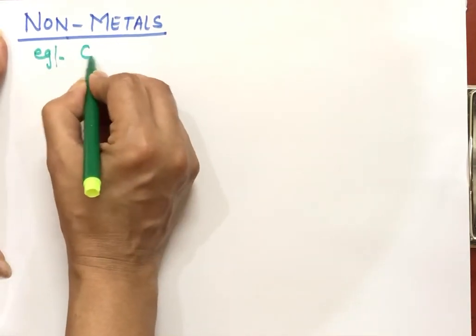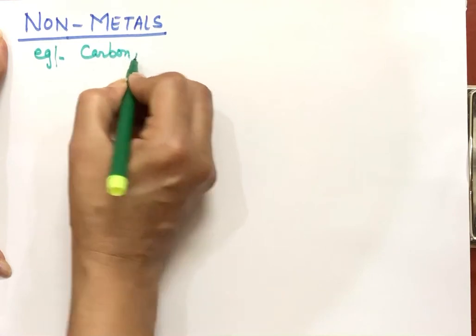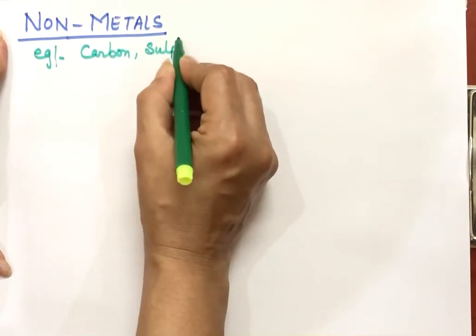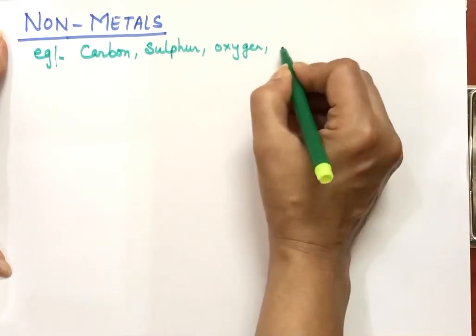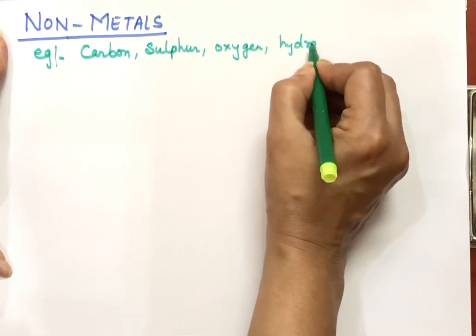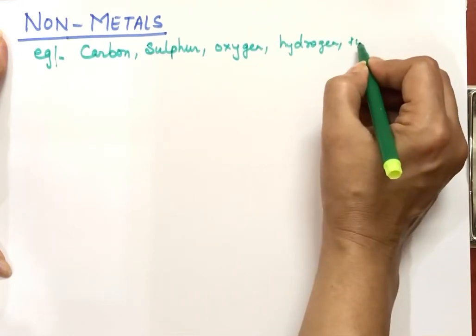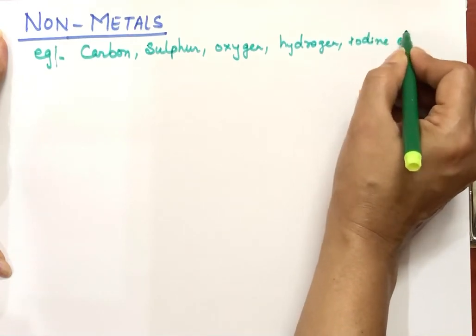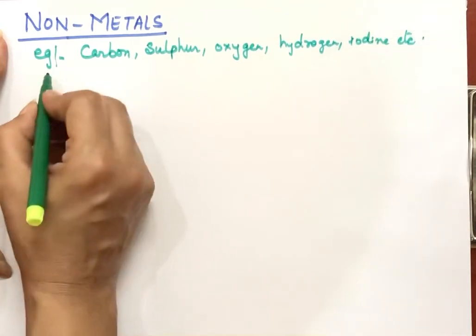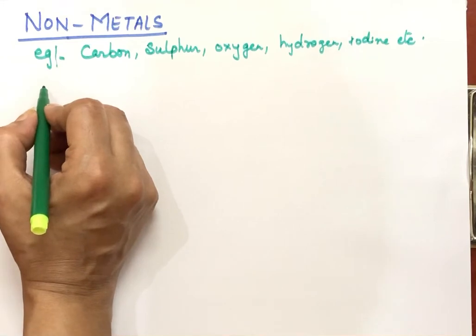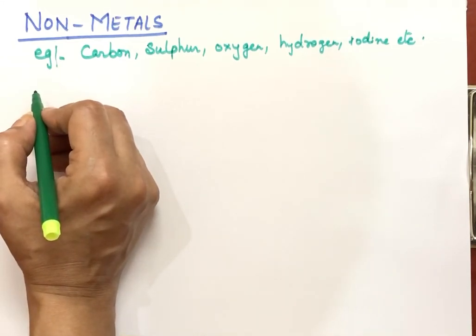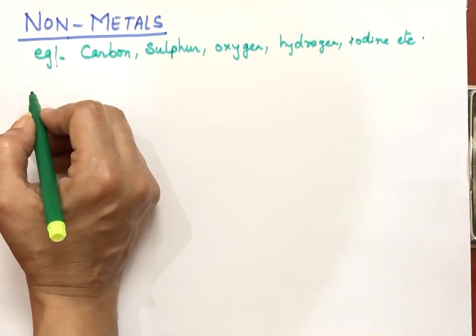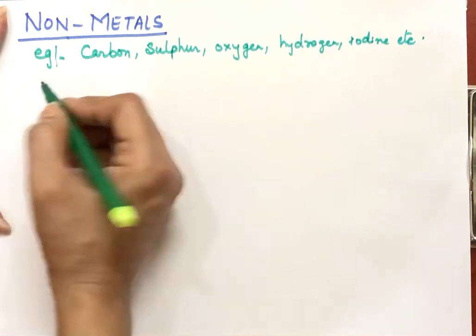Some examples of nonmetals are carbon, sulfur, oxygen, nitrogen, hydrogen, iodine, phosphorus. These are nonmetals. Nonmetals can be solid or liquid also, but only one nonmetal, bromine, is in liquid form. Otherwise, mostly these are in solid or gaseous form.